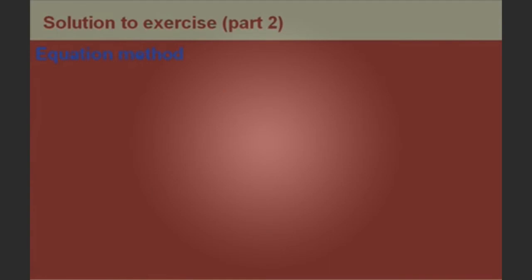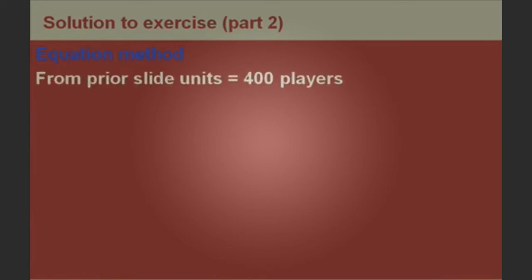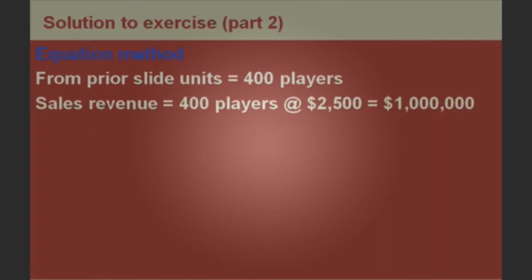Let me use the equation method first. From the prior slide, you know that to break even, you got to sell 400 players. The sales revenue, therefore, is $2,500 is the selling price per player.